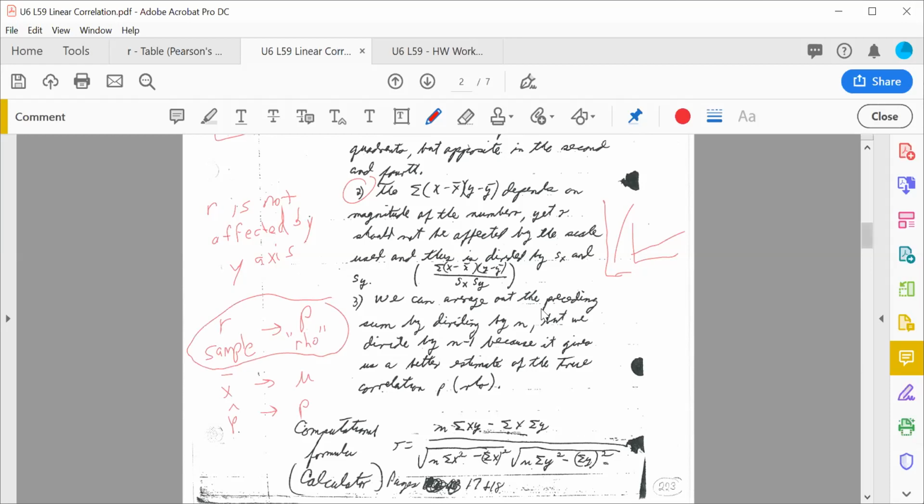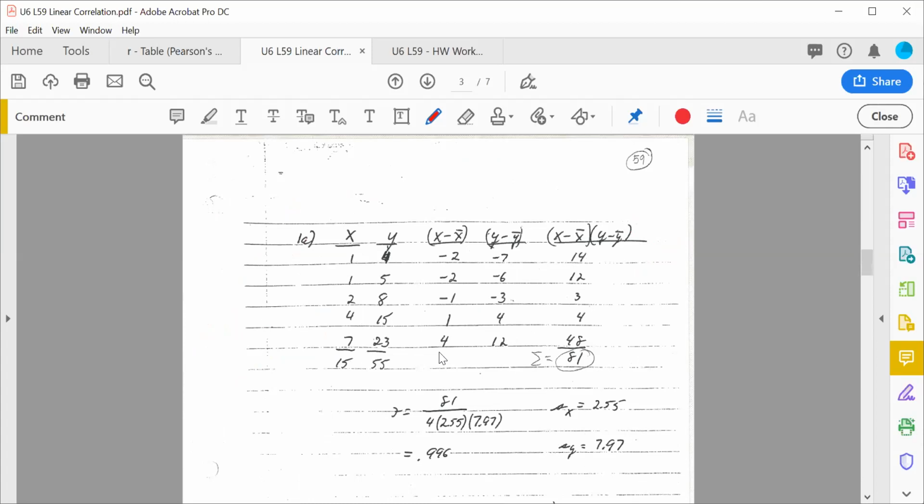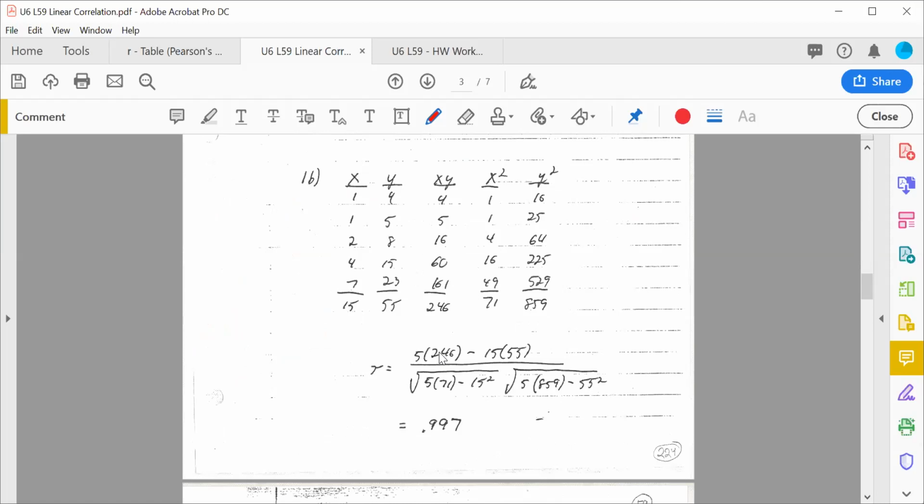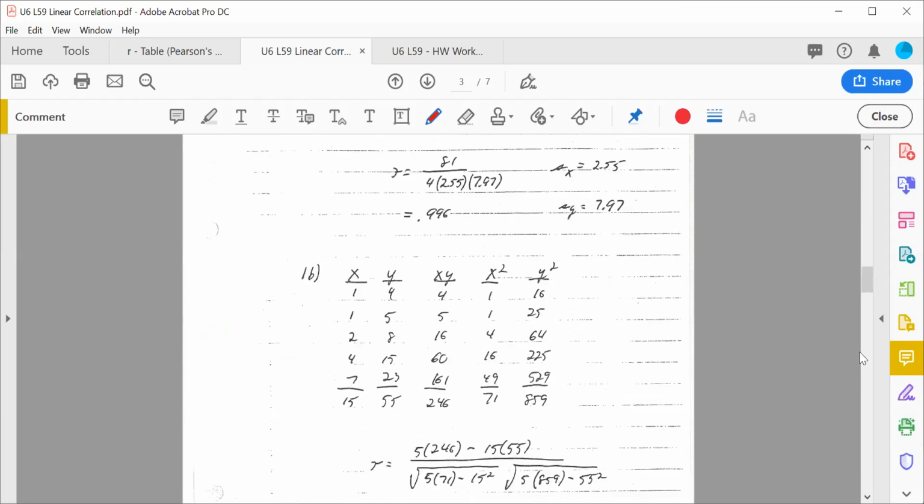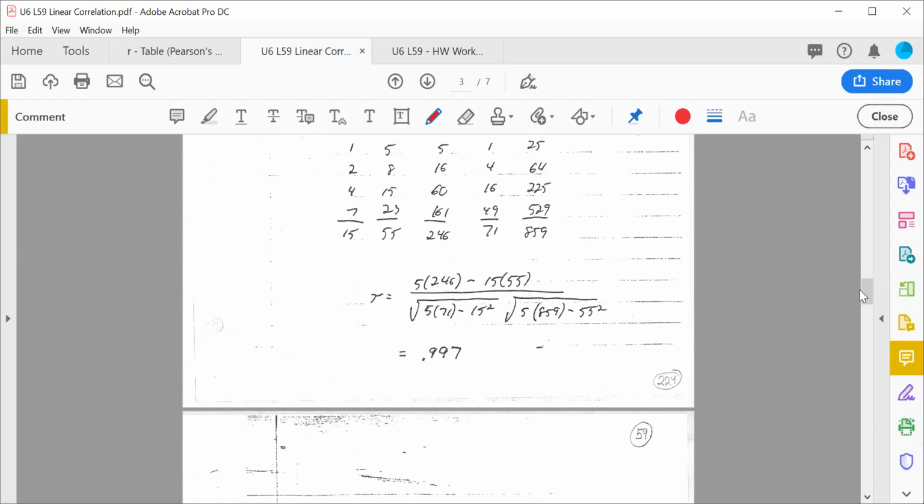If you would like to calculate R by hand, you could use the definition formula or the computational formula, and they are only one thousandth off, 0.996 and 0.997. If you would like to know how to do it on your calculator, that's what I'm going to show you right now.